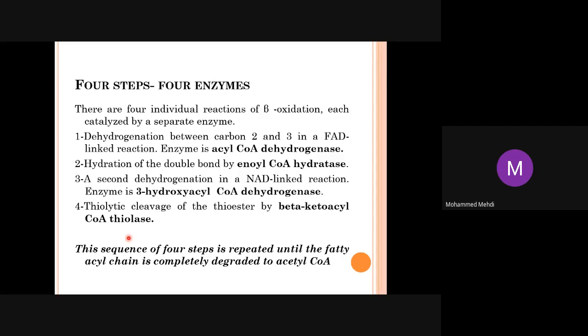So this is per 1 round. On every round, there are 4 reactions. At the end of these 4 reactions, we cleave 2 carbon. By the first oxidation, FADH2 will be formed. By the second oxidation, there is NADH formation. By the last reaction, acetyl-CoA will be cleaved.